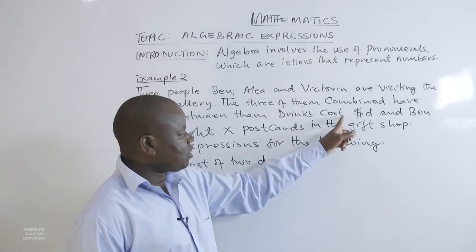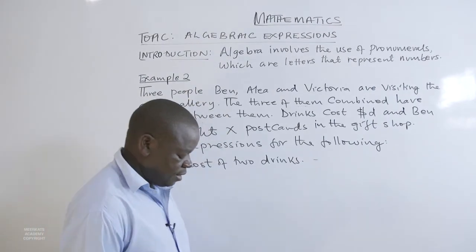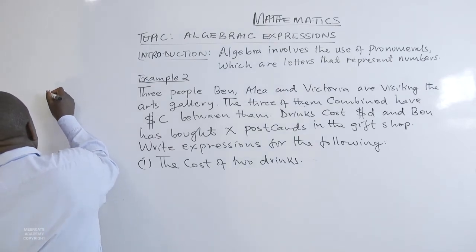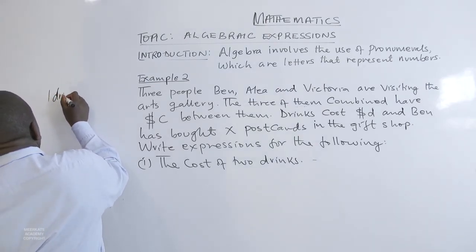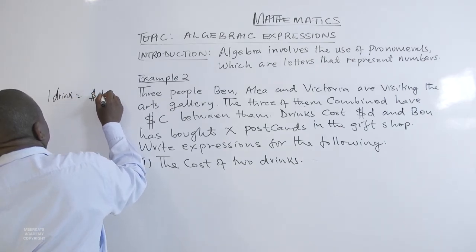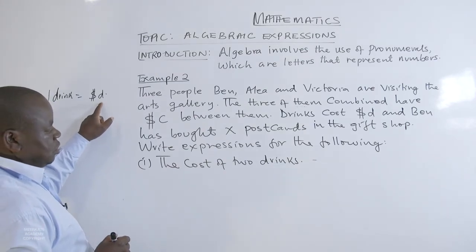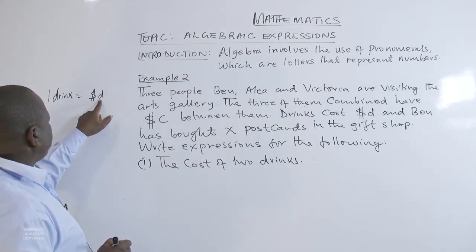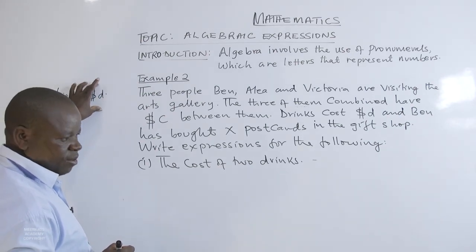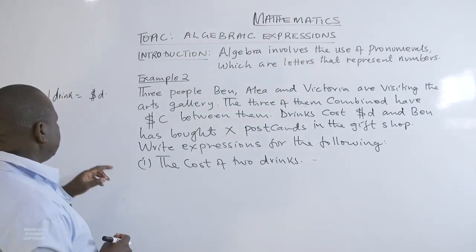let's assume that 1 drink costs D dollars. So if there are 2, we basically just multiply by 2. So 1 drink is equal to D dollars. But now there are 2. So it means if there are 2 drinks, we multiply the cost of 1 drink by 2, where 2 now becomes our coefficient.